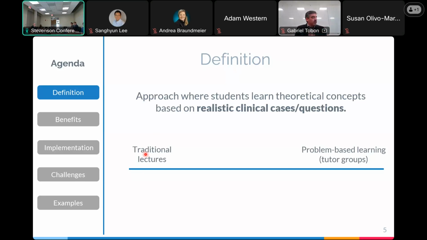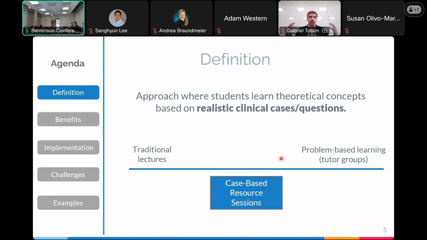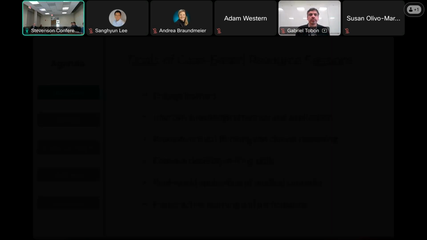Lectures have been replaced by strategies that put the students at the center, like PBL, the tutor groups with small discussions, with a clinical case and questions and problems. The case-based resource sessions are in the middle, between the traditional lectures and the small group discussion. We are still in a big room, the conference room with the students, but we can incorporate clinical cases and questions to modify the traditional lectures.